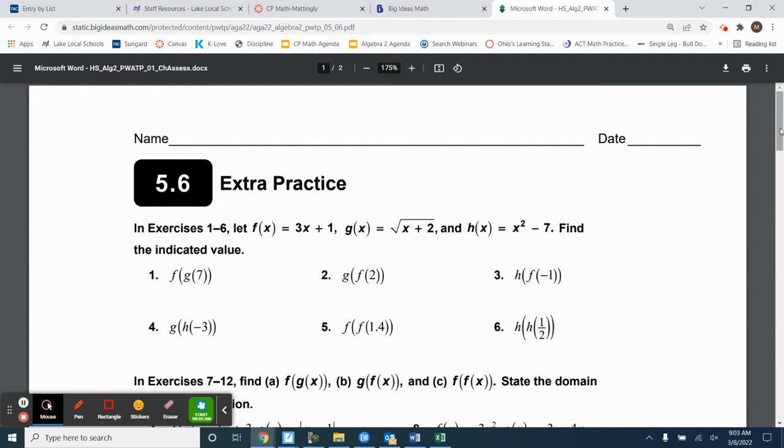For G. Wait, no, I did the wrong one. I did all of 3. Yeah, we did 3. Number 3. I don't think I got that. Good. -7. No. I got -3.